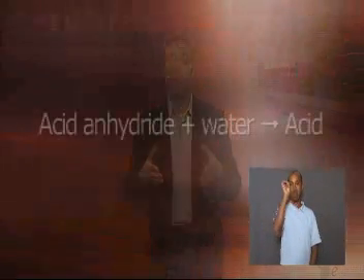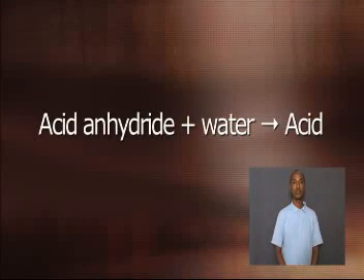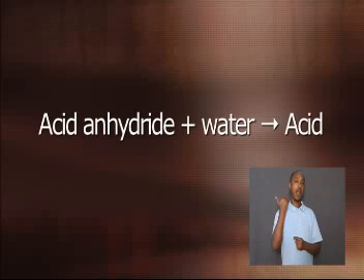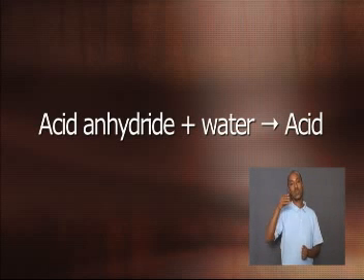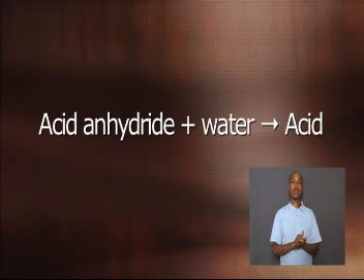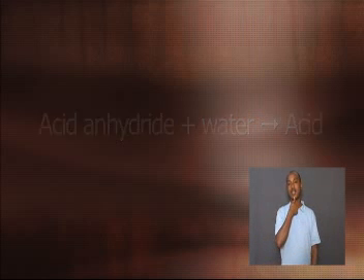Let us learn about the chemical properties of acidic oxides. As we discussed earlier in this lesson, when acidic oxides react with water, they form acidic solutions. Thus, an acid anhydride plus water reacts to form an acid.